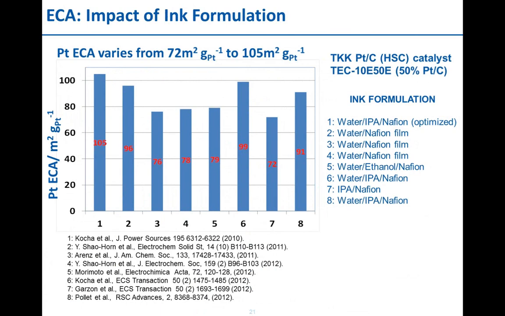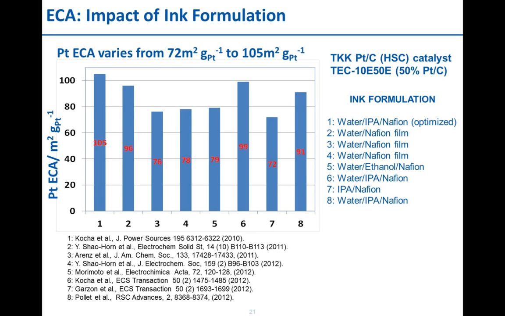And I think the Poly paper and the NREL paper have about the same ink composition, and they get about the same values. So yes, you might have some problem with the reproducibility of the catalyst, but ink formulation is really the big thing for me here.